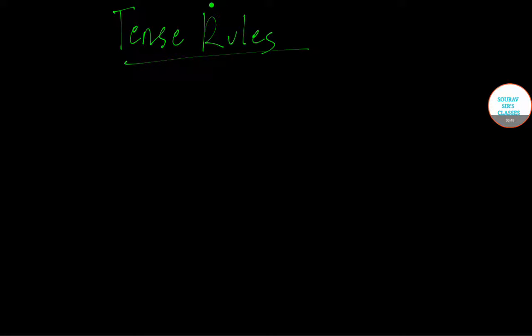Rule number 1. In present indefinite sentences, the number and the person of the subject, whether it's singular or plural, or third person or first person, plays a very important role. For example, listen to me very carefully, when a sentence is in singular number, third person.